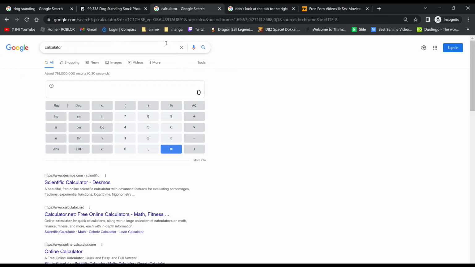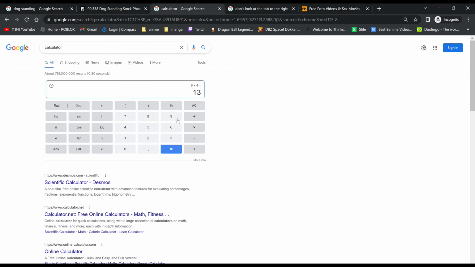Now, I definitely don't have to search up how to do Pythagoras' theorem because I totally haven't forgotten, right? 3 squared plus 2 squared should give us our answer, right? So 3 squared is 9, 2 squared is 4, 9 plus 4, right?